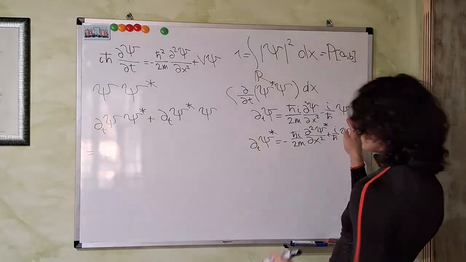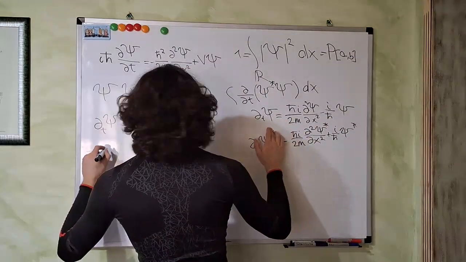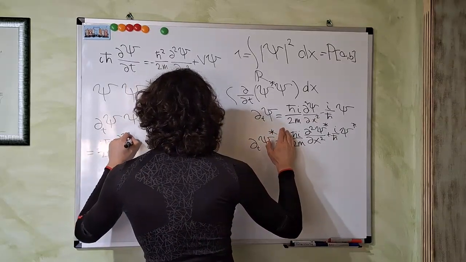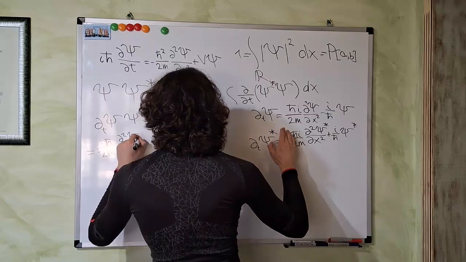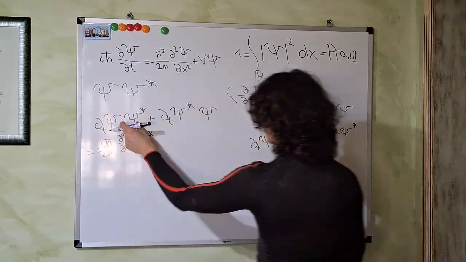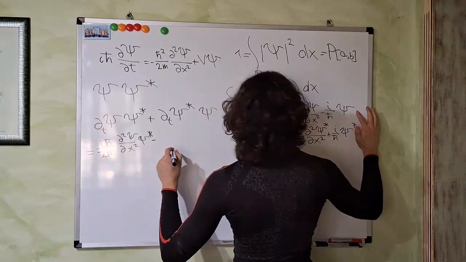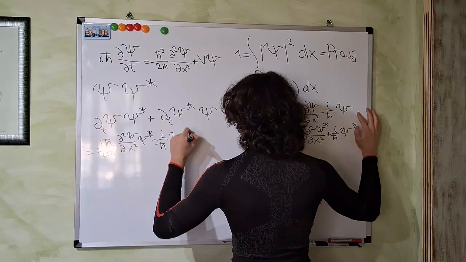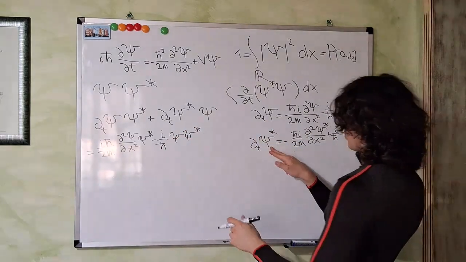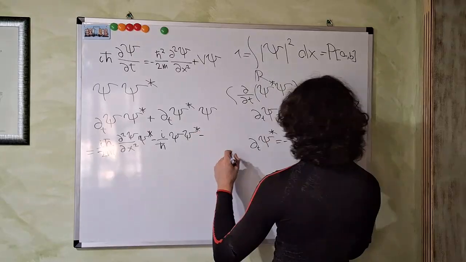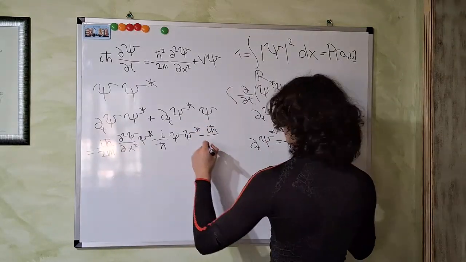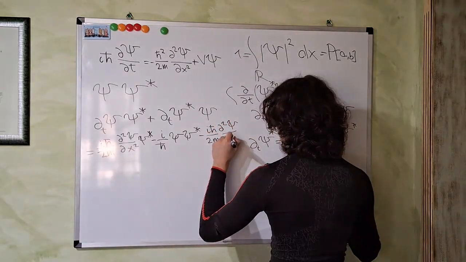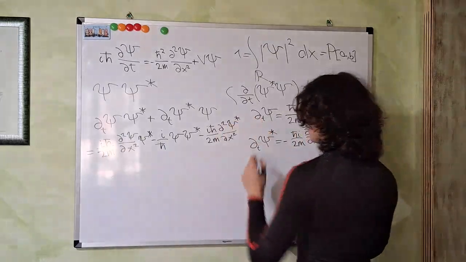So we have all of this. h bar divided by 2m d squared psi by dx squared psi star, because we're multiplying by this factor, minus i divided by h bar V psi star psi, and we have plus this, so minus i h bar over 2m, the second spatial derivative of the complex conjugate function.